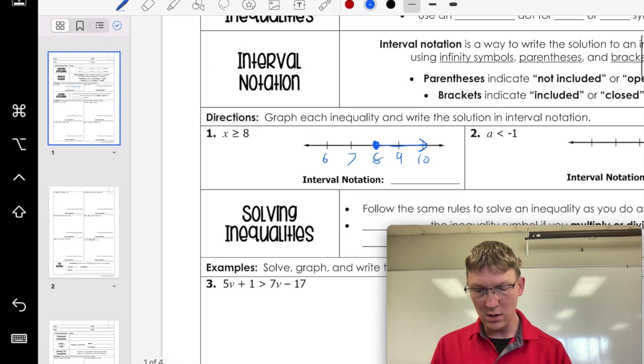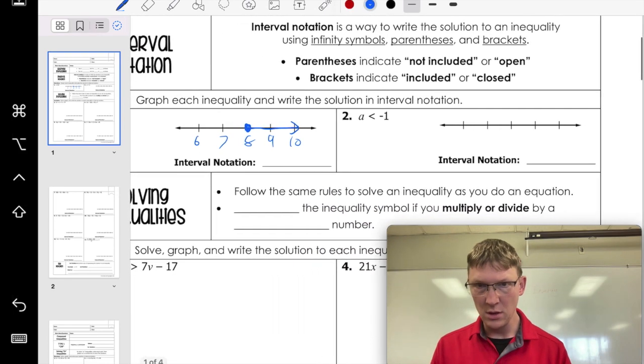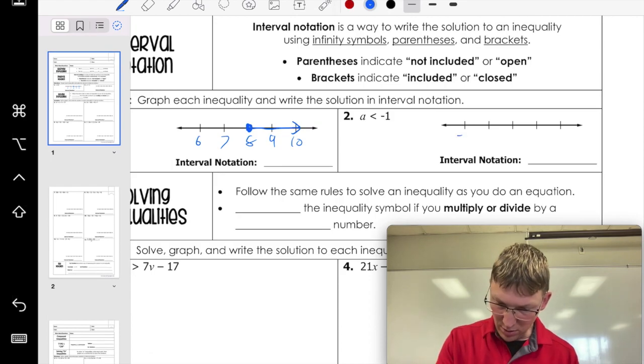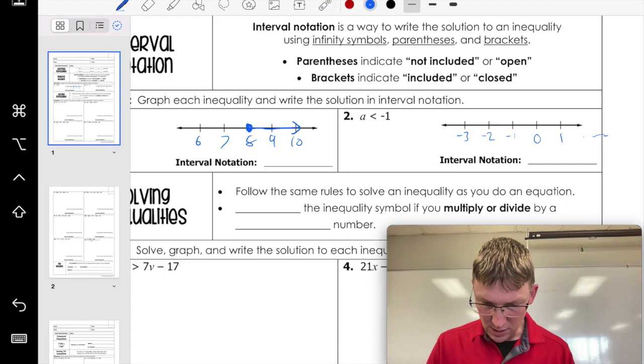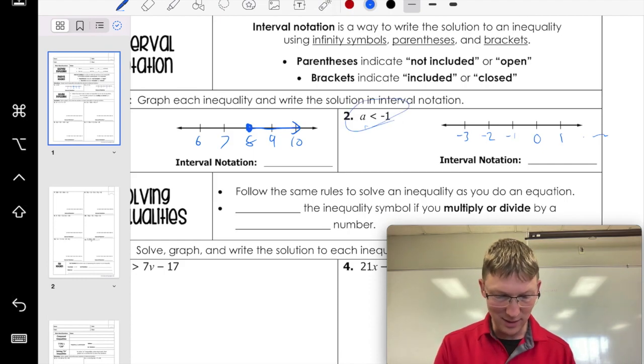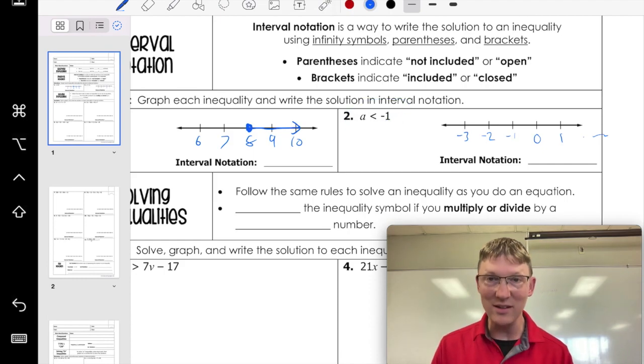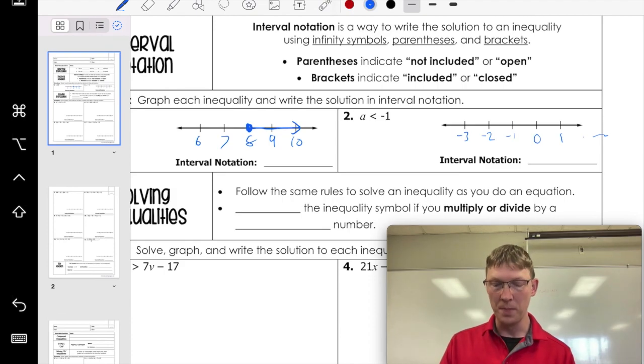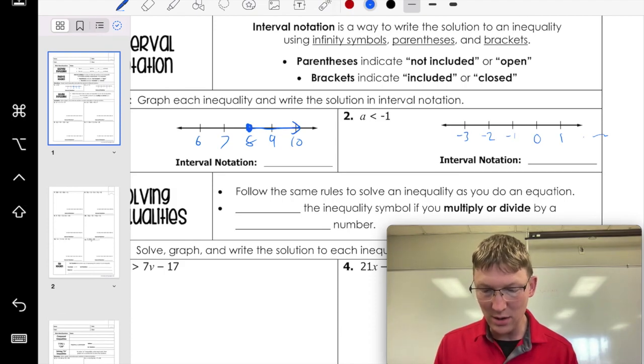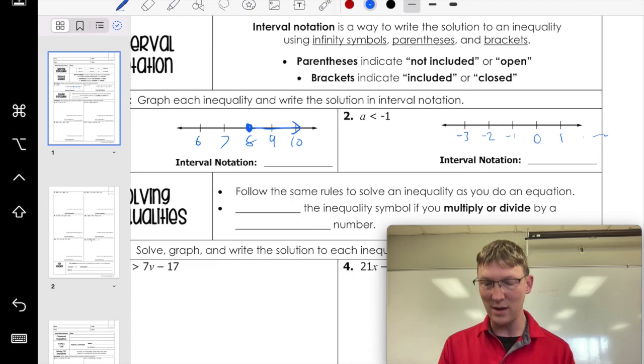So if we come over here to number 2, again, let's just label our -3, -2, -1, 0, 1, and so on and so forth. Here, A is less than -1. That means that it does not include -1. So whatever this expression is talking about, it's about all the values that are less than -1.